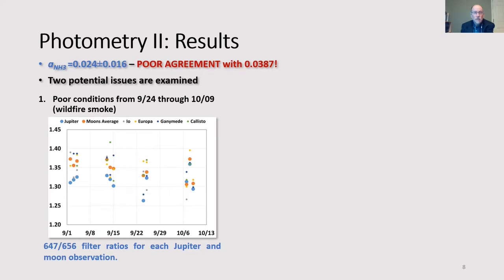And I started rating the observing conditions in late September as having moderate smoke. And moderate by that rating was basically you could see visible reddening in the sky of astronomical objects. Certainly the magnitudes were shut down quite a bit. And what you see here in this plot, these are all the 647 over 656 nanometer filter ratios for every image of Jupiter and moons.